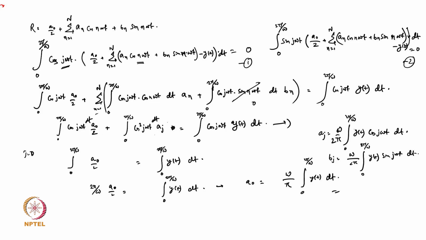Now one interesting thing you can also try. What we got is y of t equal to a0 by 2 plus summation, n equal to 1 to N, of an cos n omega t plus bn sin n omega t. Okay, that we got. Now we see that a0 by 2 has some value.